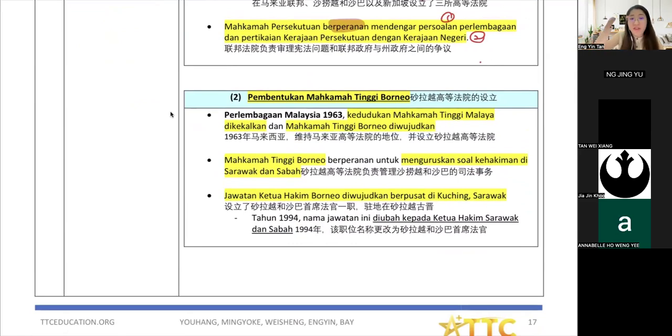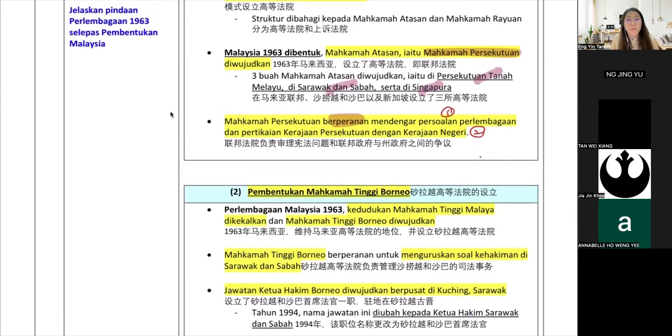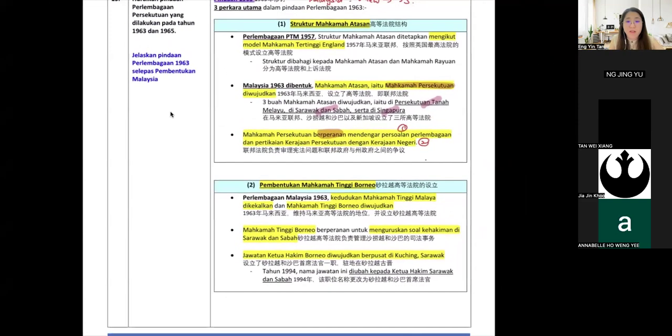So you see, Mahkamah Tinggi Borneo is formed at Sabah Sarawak to do what? Number 1, menguruskan soal kehakiman di Sabah Sarawak. And then we have this Ketua Hakim Borneo. After that, they changed the name and it became Ketua Hakim Sabah Sarawak.